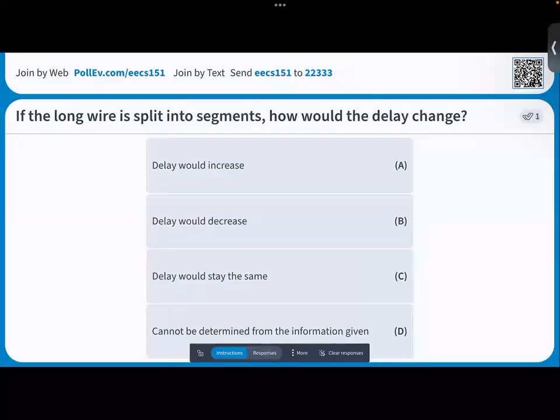Again, we're using that same poll everywhere link. All right, I see the votes coming in. Let's take 30 more seconds.